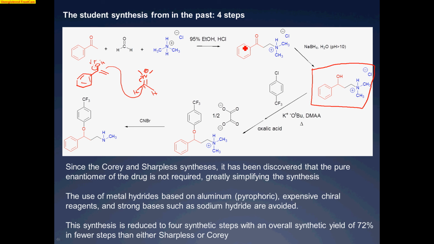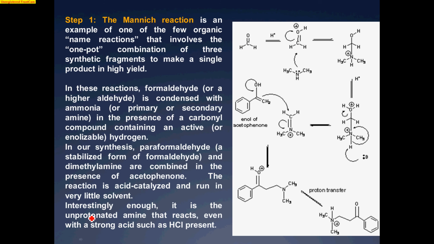We'll do the Mannich reaction, then we'll do the sodium borohydride reduction. We will not do the aromatic substitution reaction. This goes through mechanistically how you form the Mannich reagent, and then how that reaction happens.